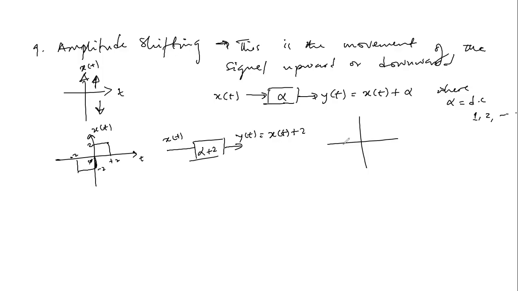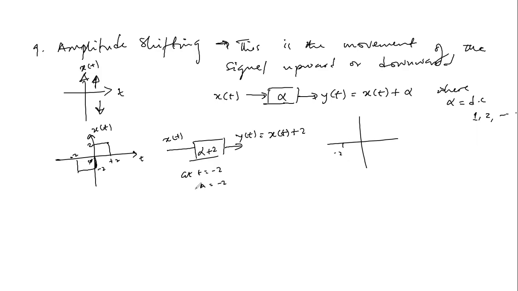So at t equal to -2, the amplitude of S of t is -2.